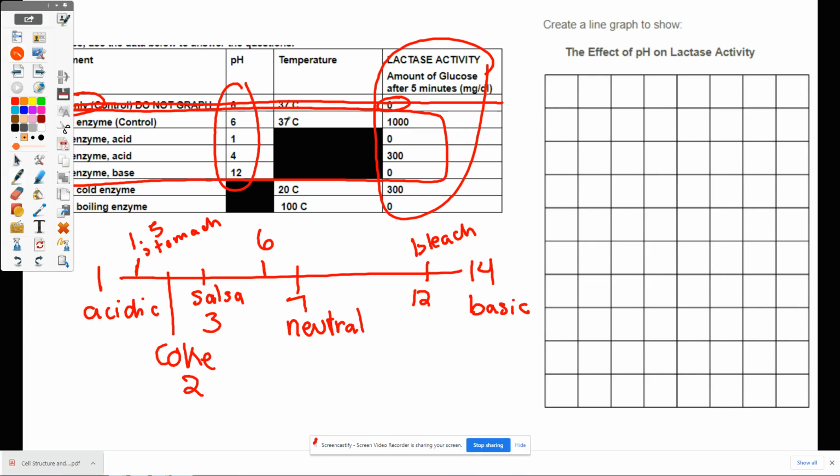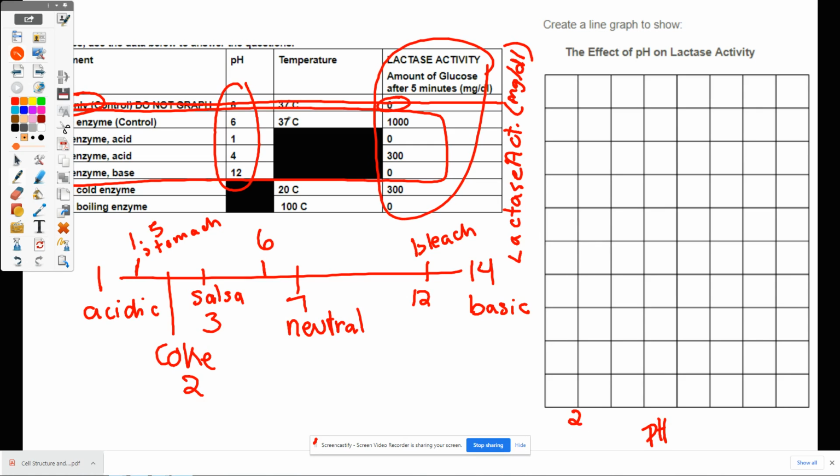So what we're going to do is look at pH and lactase activity, and see how the activity changes over the range in the pH scale. pH will go on our x-axis, lactase activity will go on our y-axis, and we don't want to forget to include our units of milligrams per deciliter. Then we're going to figure out what scale we should use.